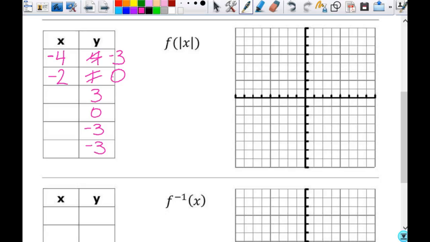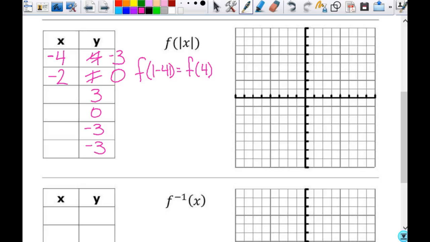Right, because this is the f of the absolute value of x. So when you plug in the -4, you have to take the absolute value before you evaluate it. So the f of the absolute value of -4 is f of +4. Does that make sense?